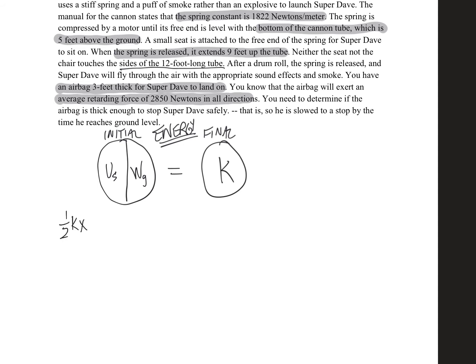One-half kx squared for that spring energy, mgh for, we'll call it h1, his 5 feet off the ground, and half mv squared. We'll call this his initial speed coming out of there.